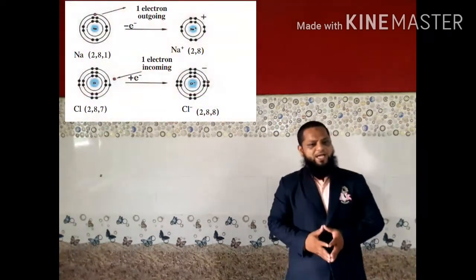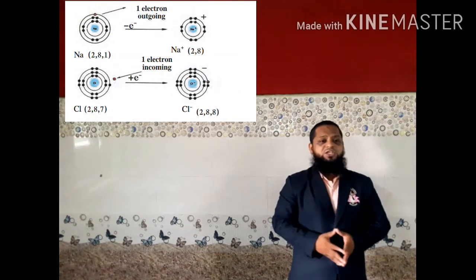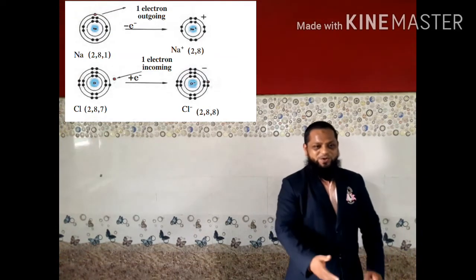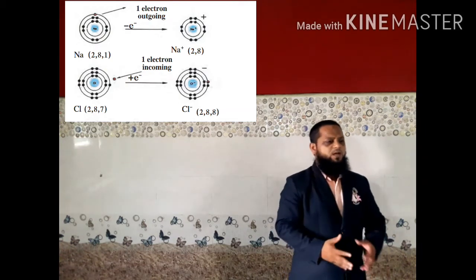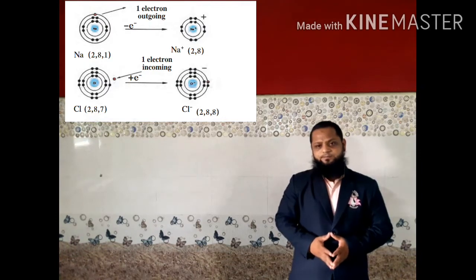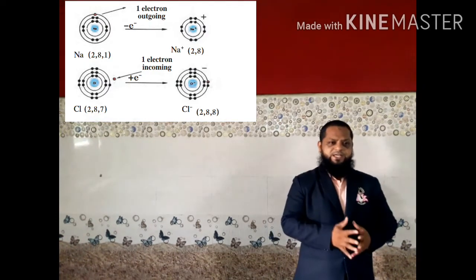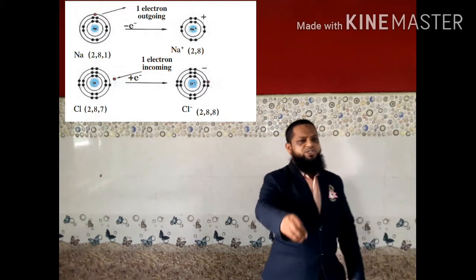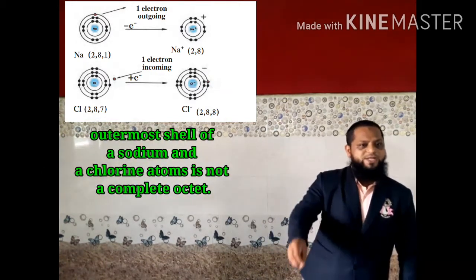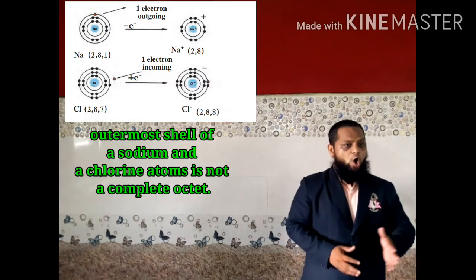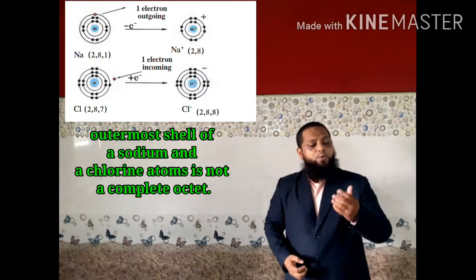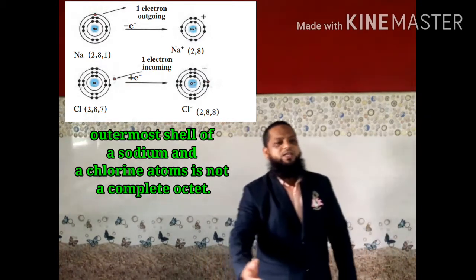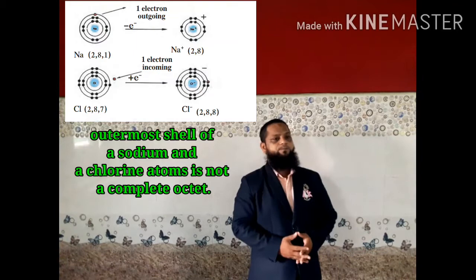Let us see how the sodium and chlorine atoms form the sodium radical and the chlorine radical, and as a result, how sodium chloride is formed. Let's see the diagram. The outermost shell of the sodium atom and the chlorine atom is not a complete octet. However, the outermost shell in both sodium and chlorine ions is a complete octet.